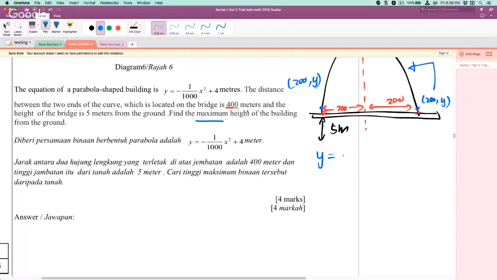So my y basically equals -1 over 1000, times x squared plus 4, where x is basically 200. 200 squared divided by 1000 plus 4. Oh, it's negative. Let me see. 200 squared, and then multiply by -1 divided by 1000.